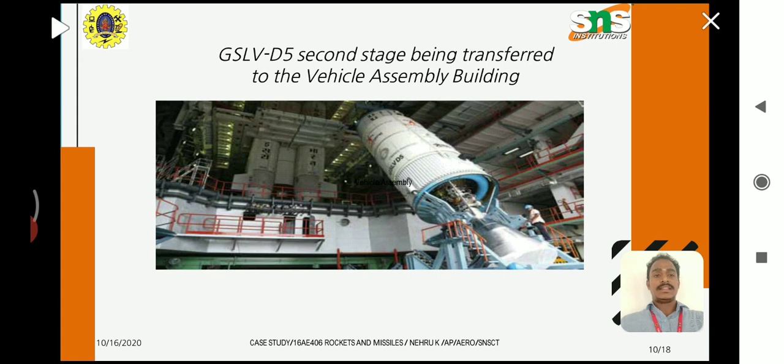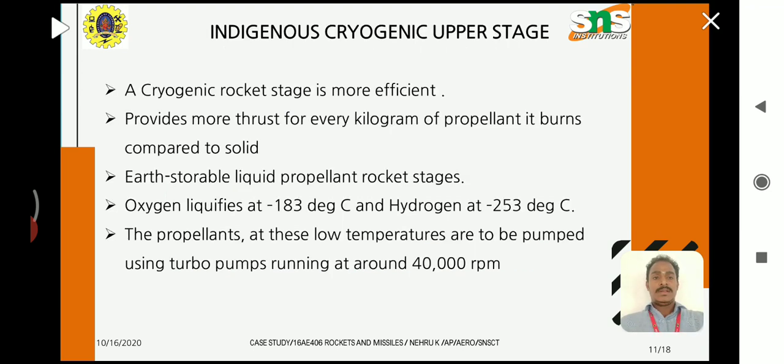This is the GSLV second stage being transferred to the vehicle assembly building. They are moving the GSLV stages and fixing them in the launch pad. ISRO has a movable launch pad, and they are using an indigenous cryogenic upper stage.